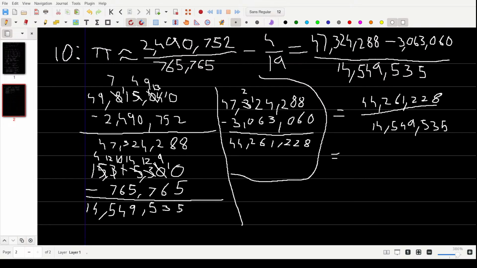Divide 44261,228 divided by 14,549,535. Let's see what it is. 3.042. So we're literally like 0.1 off. I don't think we're gonna actually get to like 3.142, but 0.1 off isn't too bad, I guess.